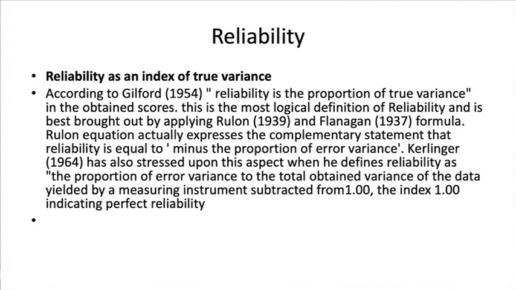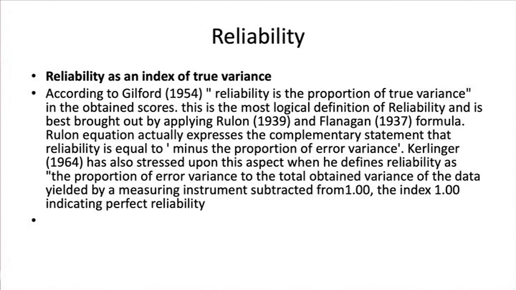That is the most logical definition of reliability and is best brought out by the Rulon 1939 and Flanagan 1937 formula. The Rulon equation expresses the complementary statement that reliability is equal to 1 minus the proportion of error variance.